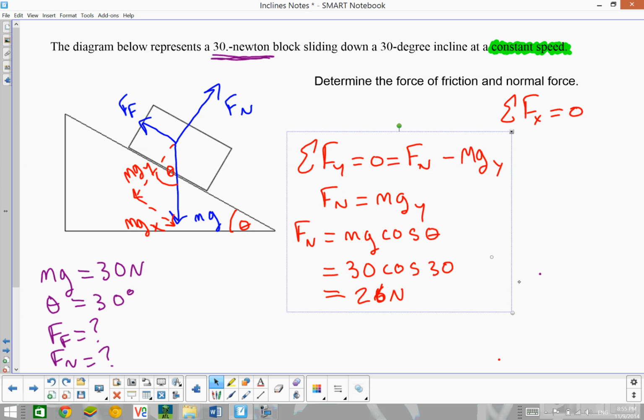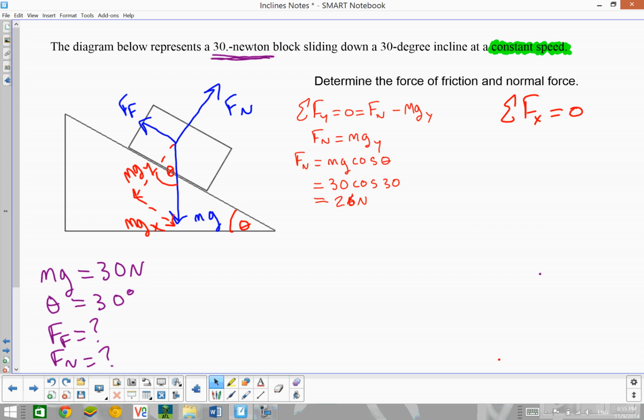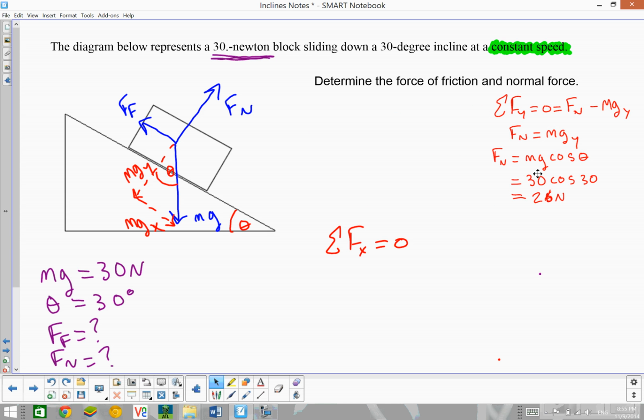Let's go ahead and find the friction force. Because the friction force is in the x dimension, it's parallel to the plane, I'm going to go ahead and look at my sigma fx to solve for it. Again, I know it's in equilibrium because I'm going at constant speed.